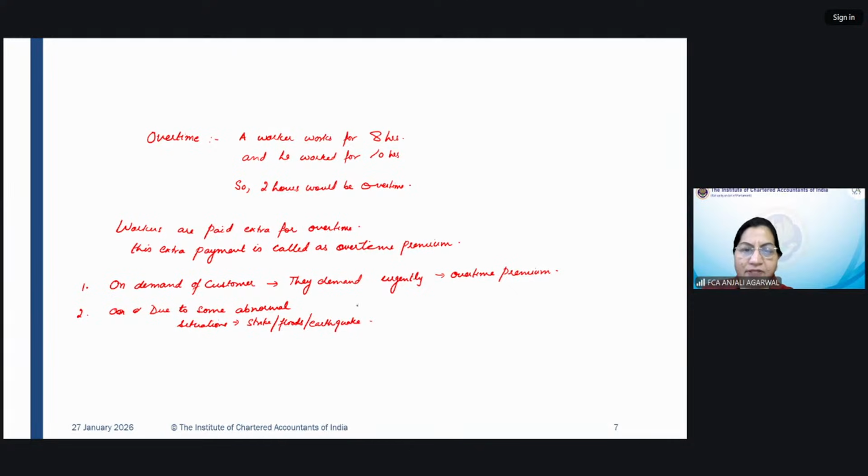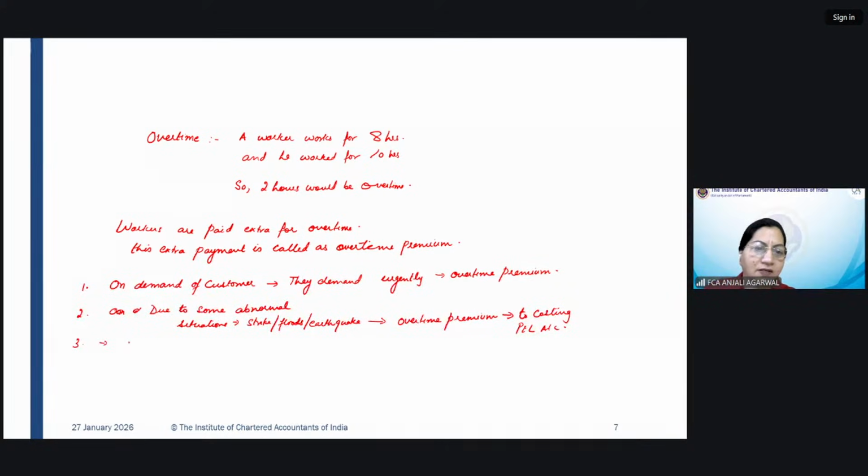So now to catch up with that, to overcome those periods when there was no productivity, we are doing overtime. So if overtime is due to abnormal reasons, or due to machinery breakdown, due to raw materials not available, due to power supply breakup, this overtime premium will go again to costing P&L account as an abnormal cost.